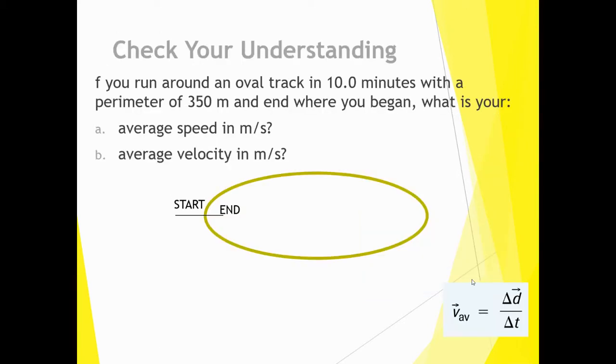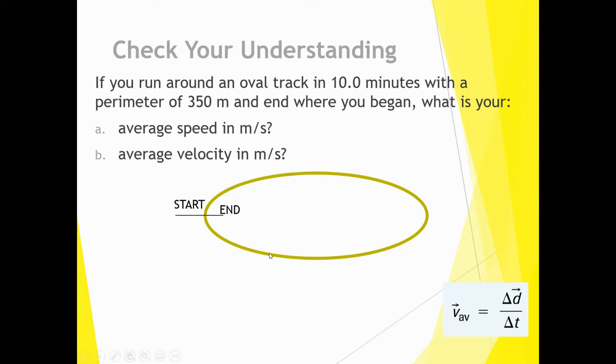So if you run around an oval track in 10 minutes with a perimeter of 350 meters and end where you began, what is your average speed in meters per second? So considering that you have a track and you're going to go all the way around it, and it's 350 meters in length, and it's going to take you 10 minutes to do that.